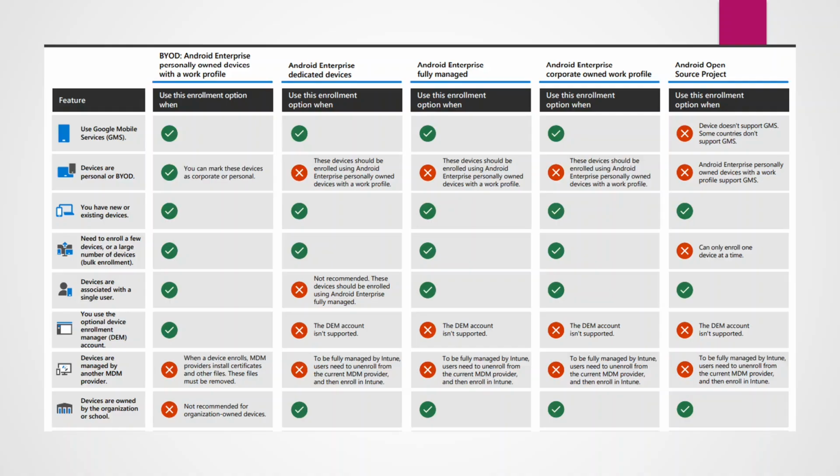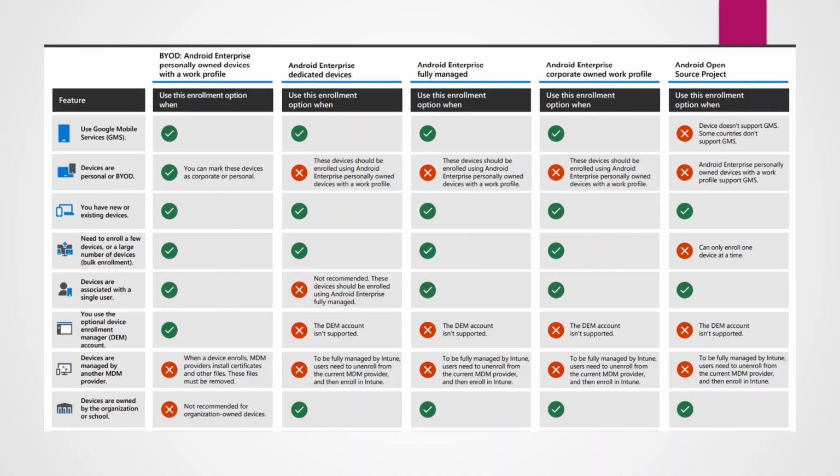The second enrollment option that we get with Android devices is the Android Enterprise dedicated device. In Android terms, dedicated device means corporate-owned Android devices that are intended for a specific purpose.